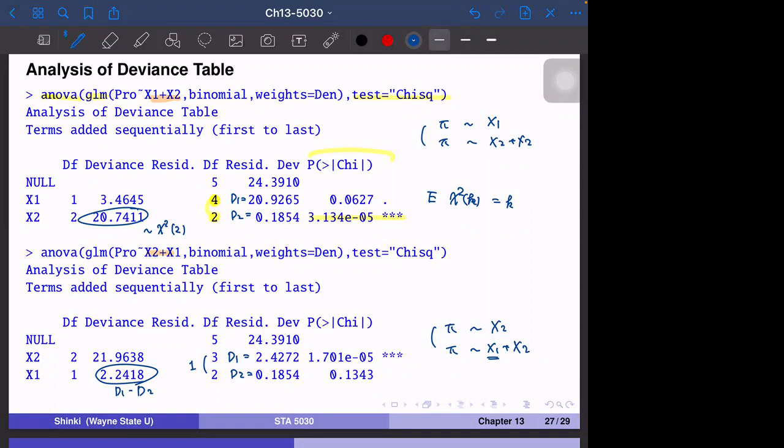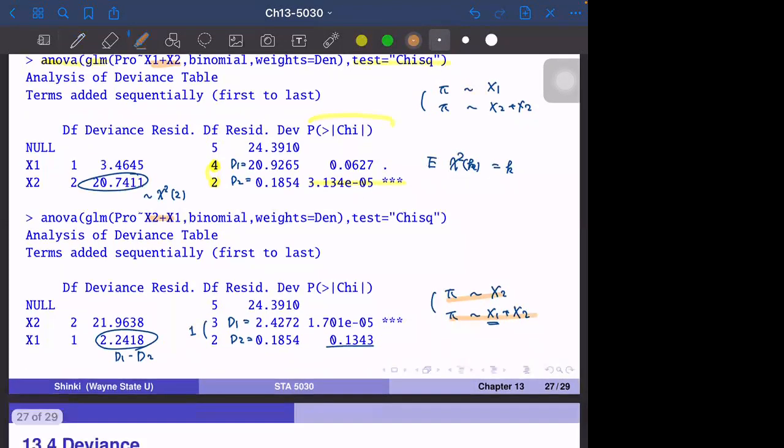The expectation of chi-square 1 is 1, so 2.24 is certainly larger than that, but not much larger. The p-value is 0.13423, so it's not significantly better. So the model pi on X1 plus X2 is not significantly better than pi on X2. If we have information of X2, X1 does not matter.